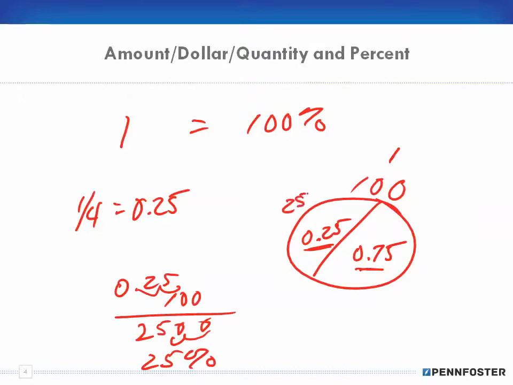So this portion is 25%. And this portion ends up being 75% when I subtract one from the other in order to get 1, right? Or add them together in order to get 1. So hopefully you see this relationship between the whole number and a percent. It's not like you're learning something entirely different, okay?